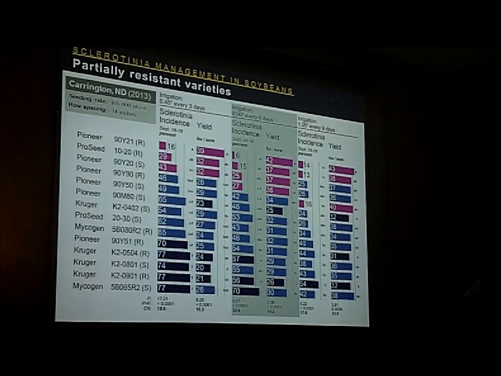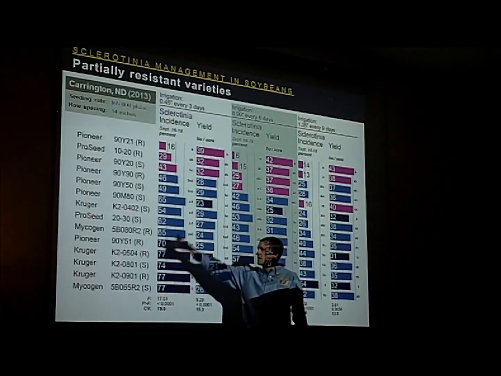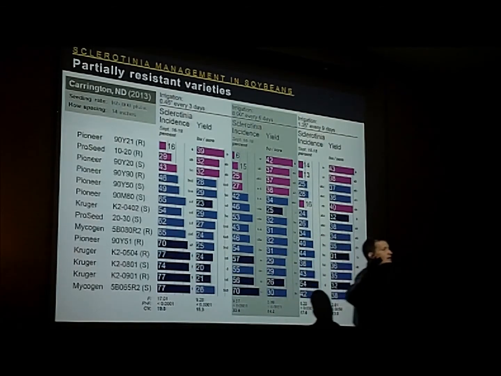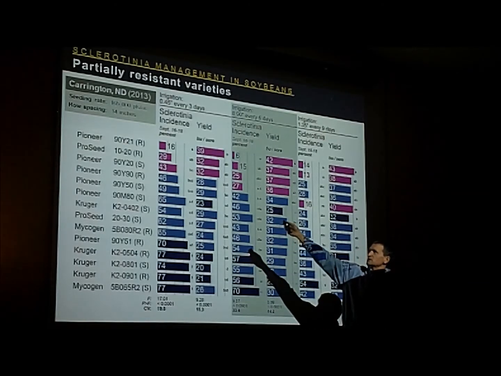But what I want to point out to you is these are the resistance ratings assigned by the companies. And in all cases, I have pairs of varieties from the same breeder and having very similar maturity and differing sharply in the resistance ratings assigned by the companies. So we really looked for varieties that had big gaps in their white mold ratings. If you look through here, you'll see that many of these do hold through.